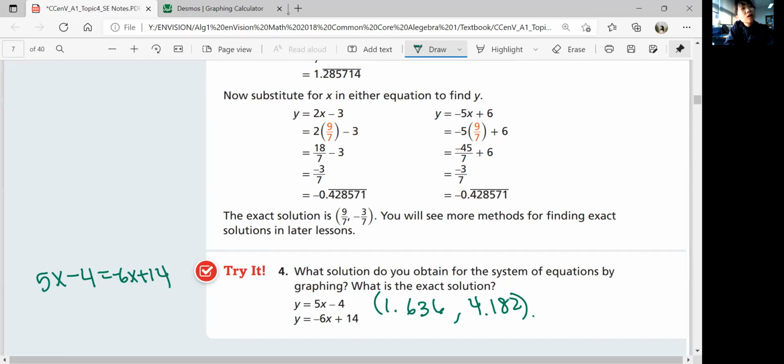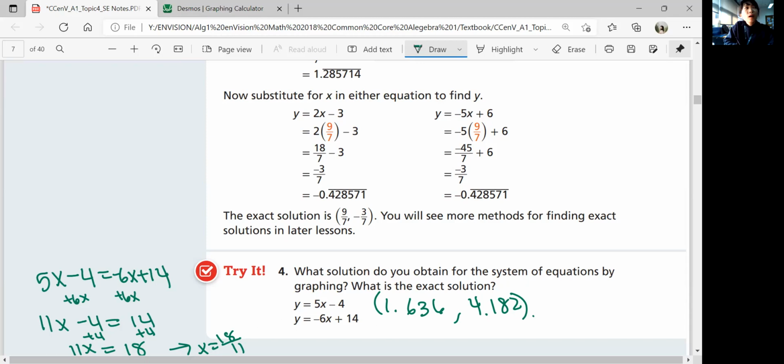Okay, so we're going to add 6x on both sides, and we have 11x minus 4 equals 14. We add 4 on both sides. We have 11x is equal to 14 plus 4, which is 18. And so x is equal to 18 over 11 if we divide by 11 on both sides.